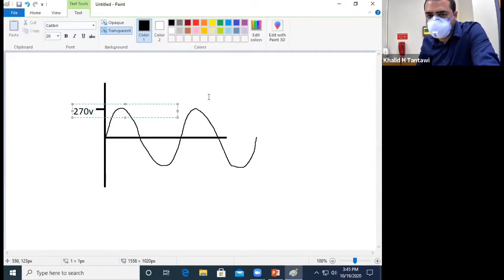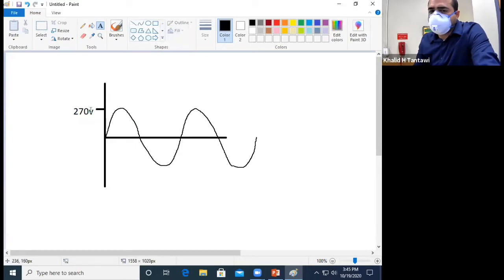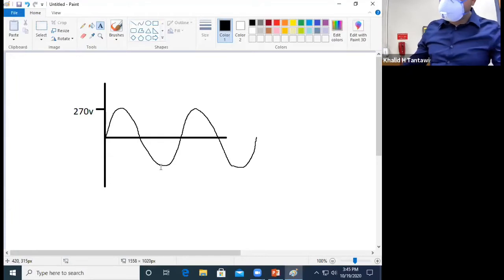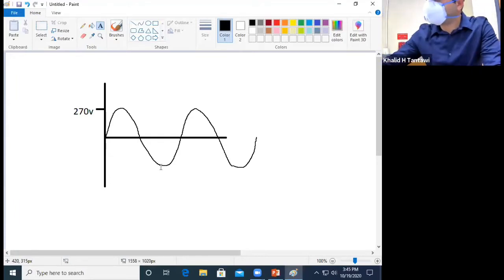This is the peak. Of course, if we're talking about an AC signal, that means the average is 0, so the negative peak is going to be negative 270.